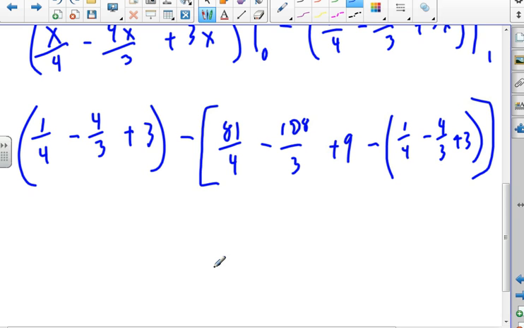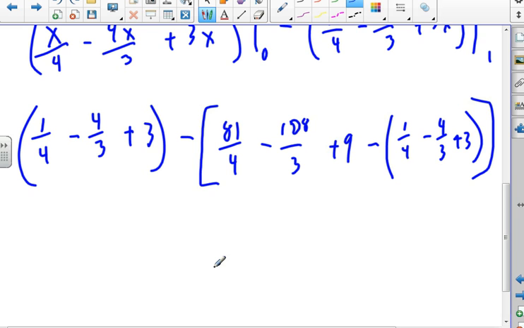All right, 1/4 minus 4/3 plus 3. Why isn't it giving me it as a fraction? And this stupid calculator won't convert easily back to a fraction.